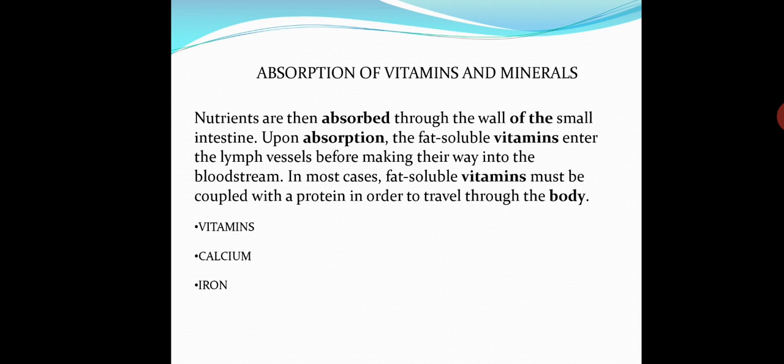And the vitamin B12 intrinsic factor complex is absorbed in the ileum. 30 to 80% of the ingested calcium is absorbed by active transport, primarily in the upper small intestine, and some of it is also absorbed by passive diffusion.